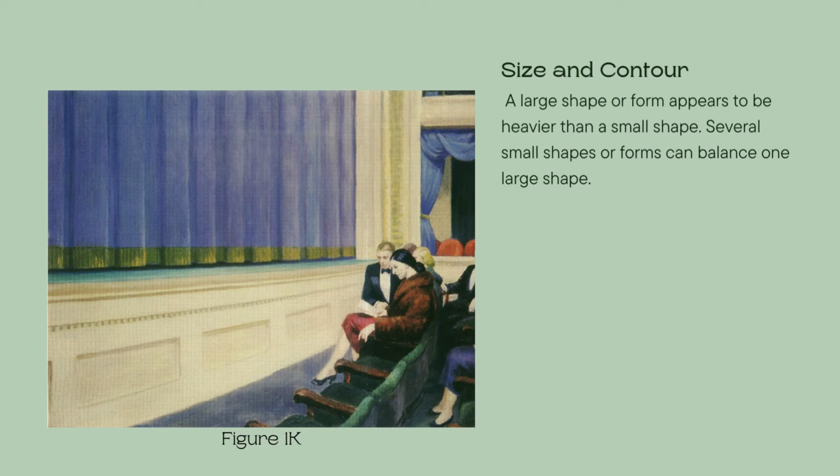And you will see that here on the example on figure 1K. If you take a look at the painting, this is done by Edward Hopper entitled First Row. The many small shapes in the lower right corner of this painting balance the large shape of the stage with its closed curtain.